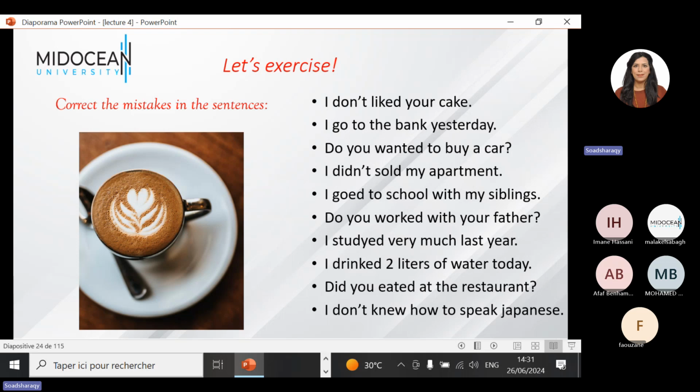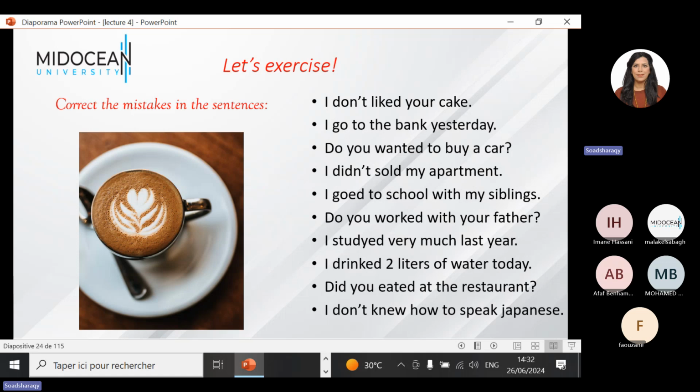"I didn't sold my apartment." So what is the mistake here? No, it's false too. Okay. You have didn't, the auxiliary here.